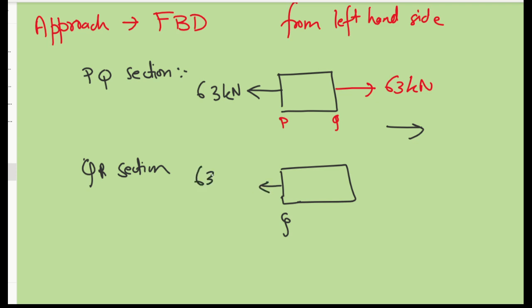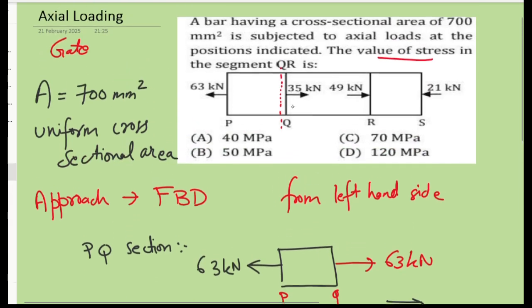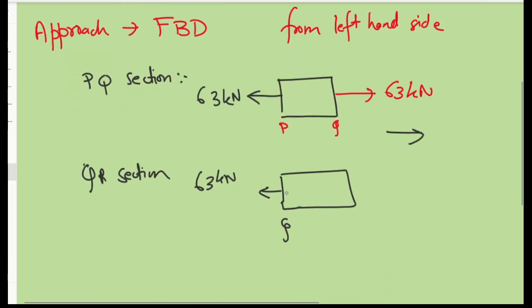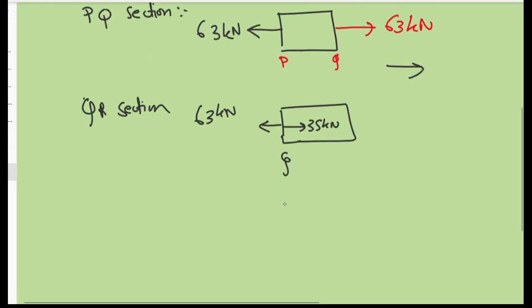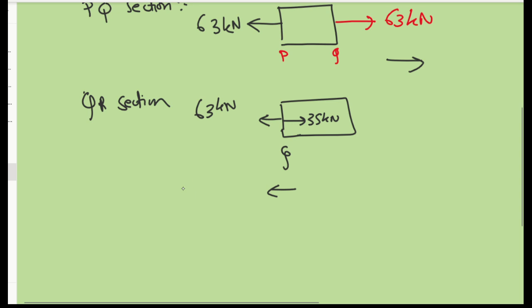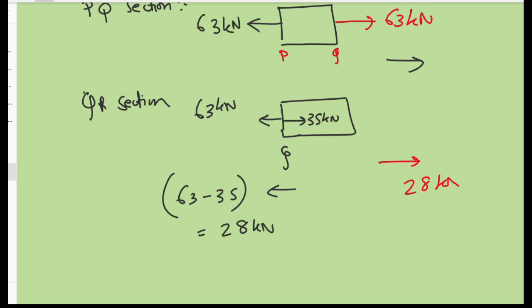This is 63 kilonewton, but here we can see a 35 kilonewton force is applied. So the net force in the left hand direction will be 63 minus 35, which is equal to 28 kilonewton. And so balancing towards the right, it will also be 28 kilonewton.